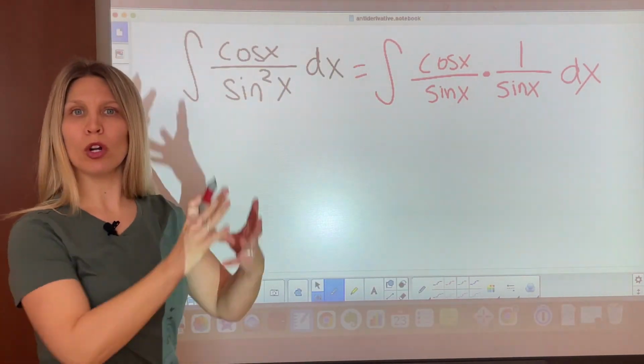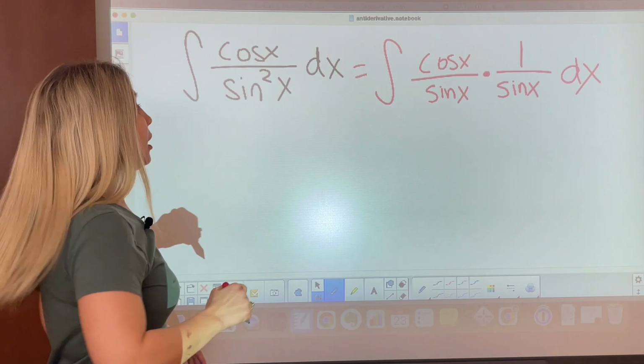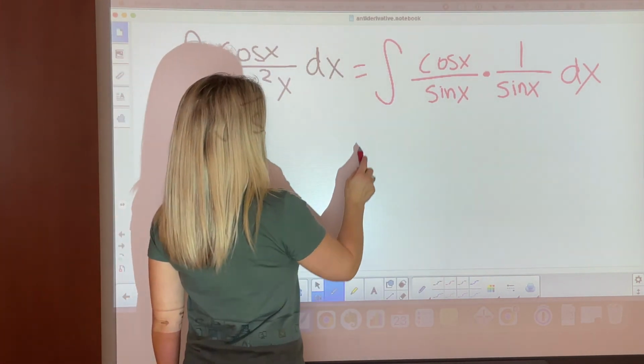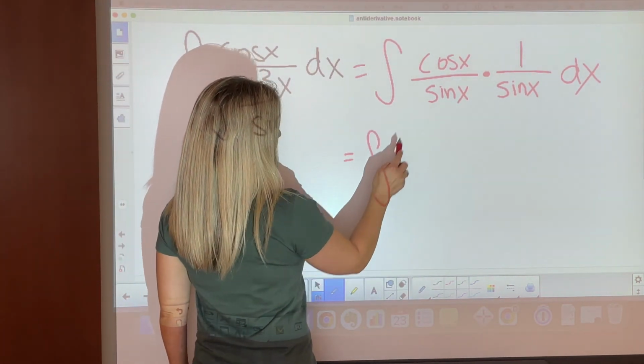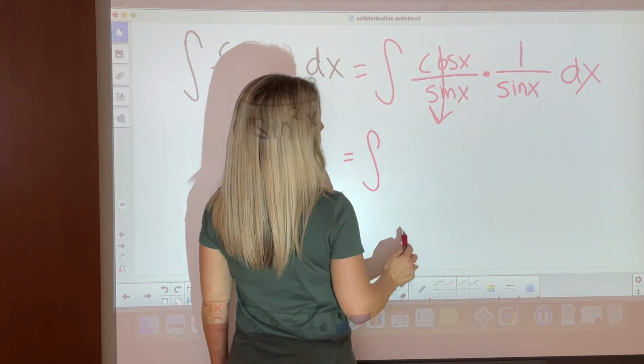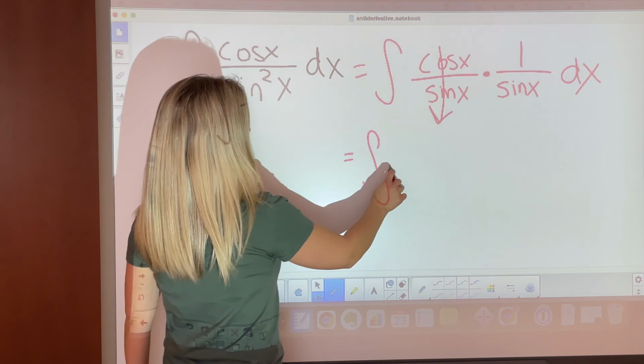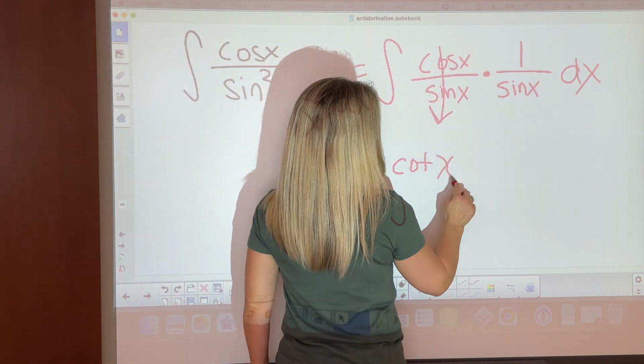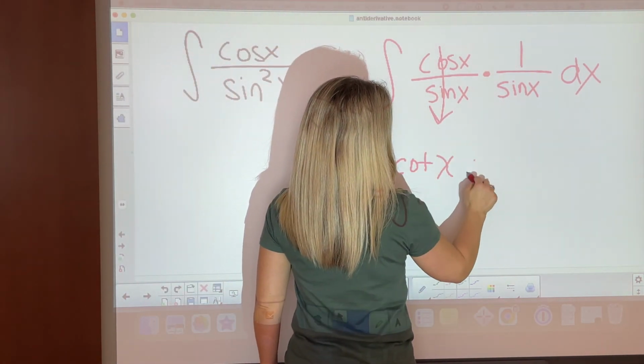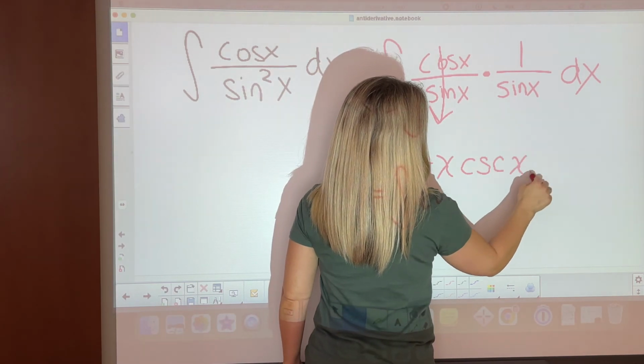I'm just using some multiplication and pulling it apart because hopefully you'll see that this, what is cosine x over sine x? Yep. Cotangent x. And what is 1 over sine x? Cosecant x. dx.